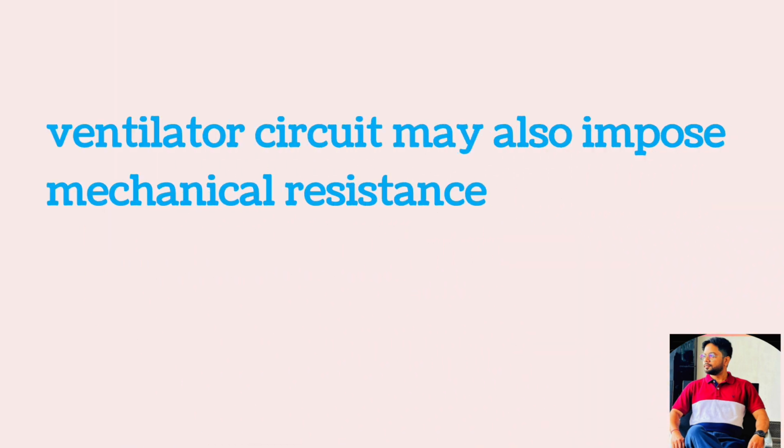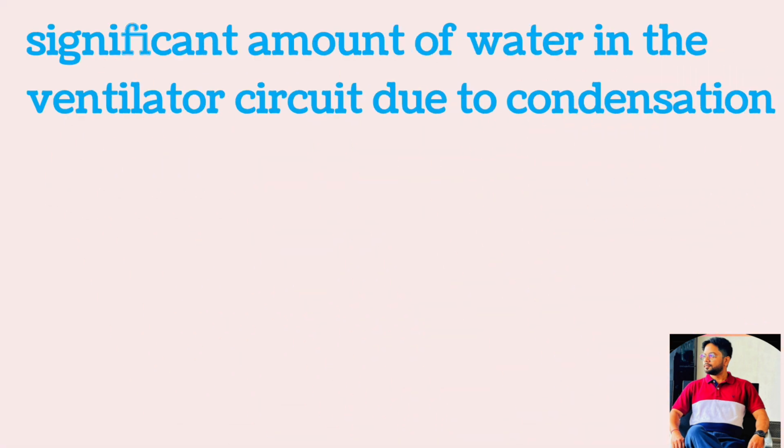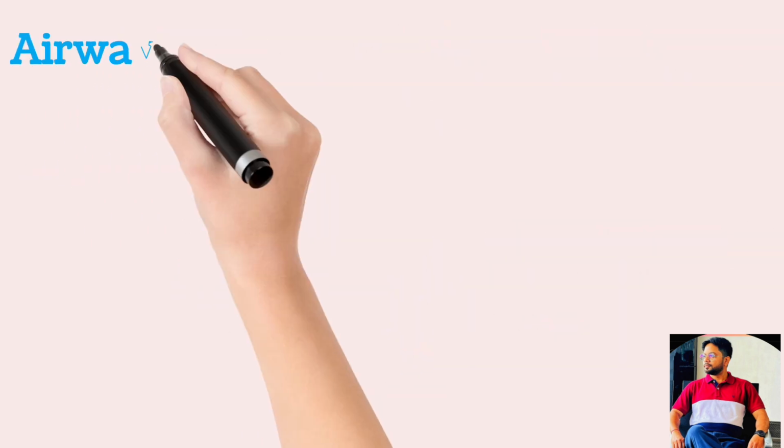The ventilator circuit may also impose mechanical resistance to the airway and contribute to total airway resistance. This is particularly important when there is a significant amount of water in the ventilatory circuit due to condensation.